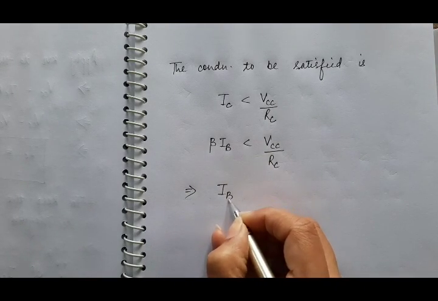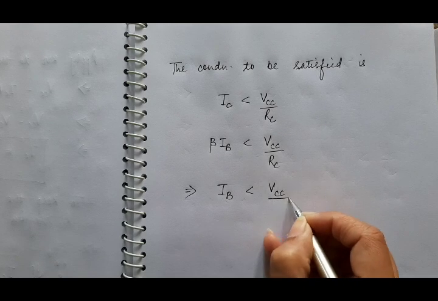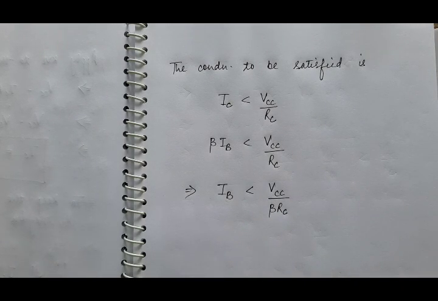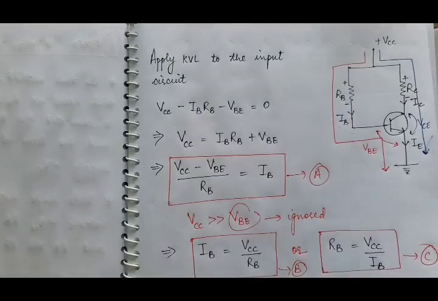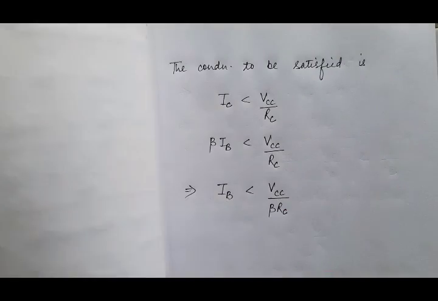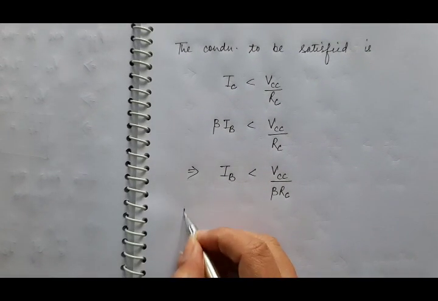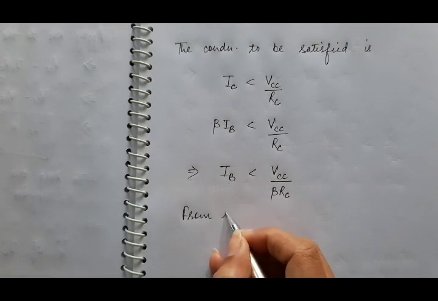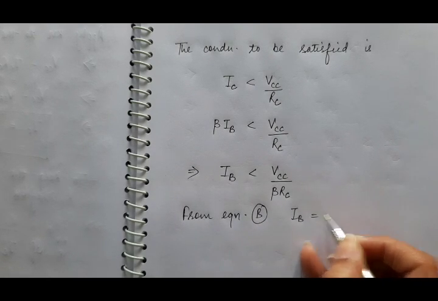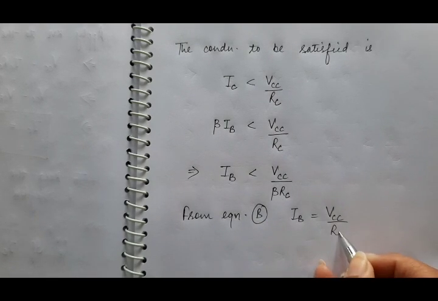And what will be IB? It will be less than VCC by beta RC. And from equation B, we have already derived the value of IB. It is VCC by RB. From equation B, IB is equal to VCC by RB.